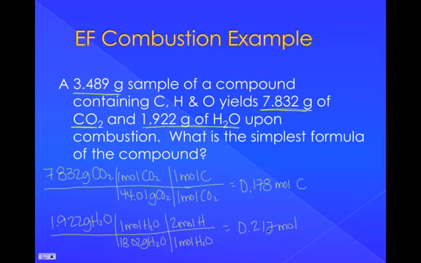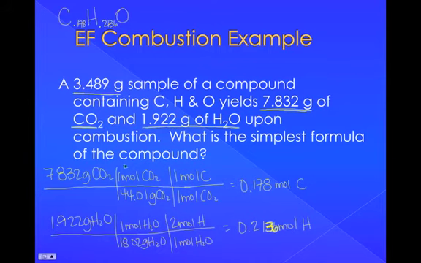Actually, I can get 4 sig figs in there, can't I? So, I wrote that totally wrong. 0.2136 moles of hydrogen. So we know our formula so far is C0.178 H0.2136, and O is still unknown.